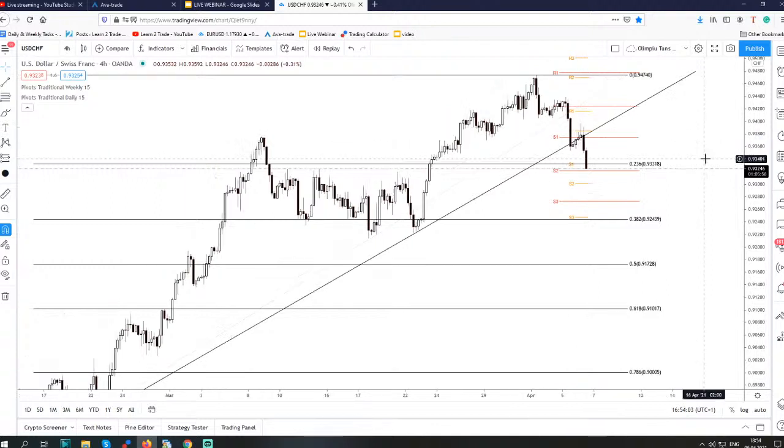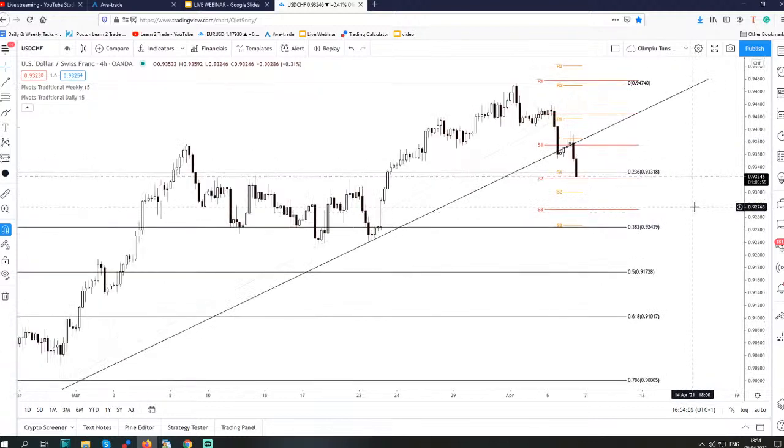So now we should look for potential downside targets. Now it's traded right below 23.6, and the next downside target is here at the S2.